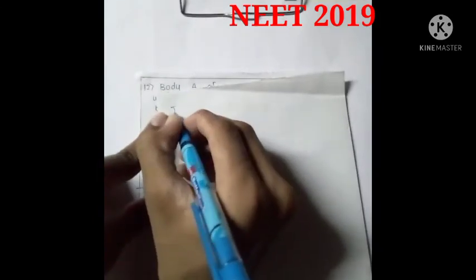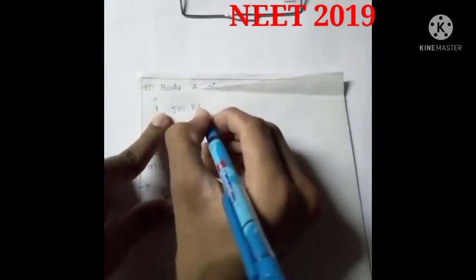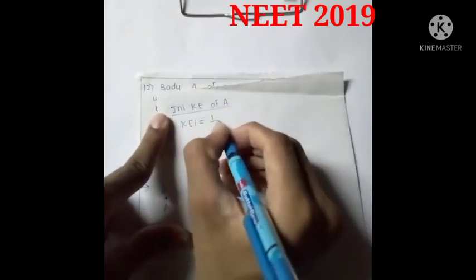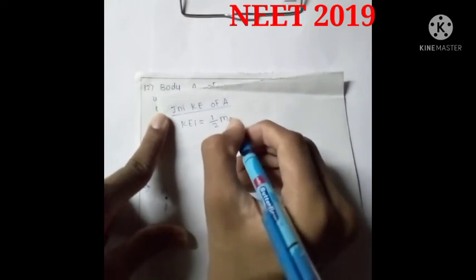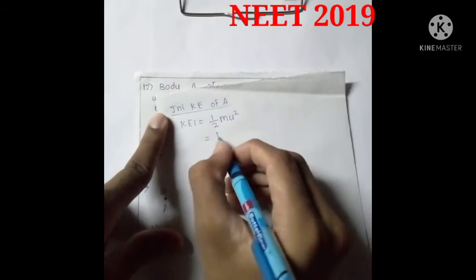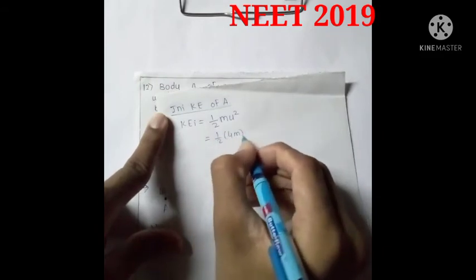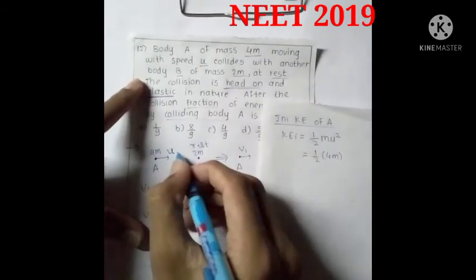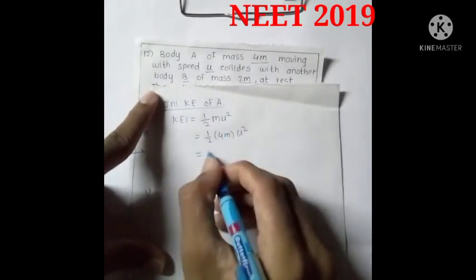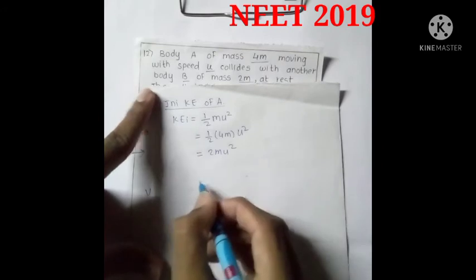So initially body A has kinetic energy. Initial kinetic energy of A is equal to 1 by 2 m u², whose mass is 4m and whose velocity is u. So this becomes 2mu².